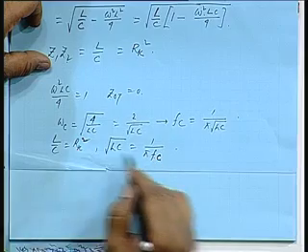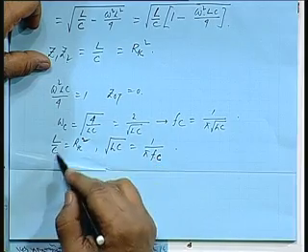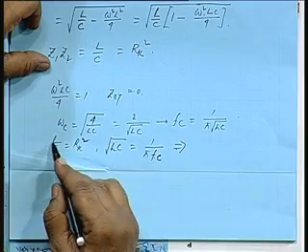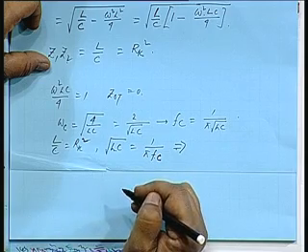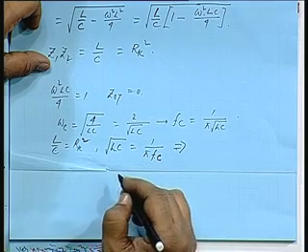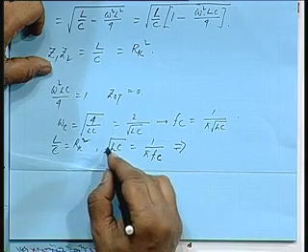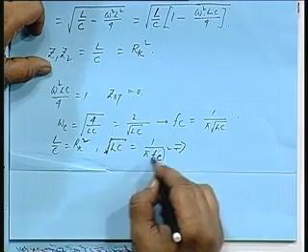If you are given these two values as a filter specification, then we can calculate L and C. Just take the product, L C will be 1 by pi f c squared.